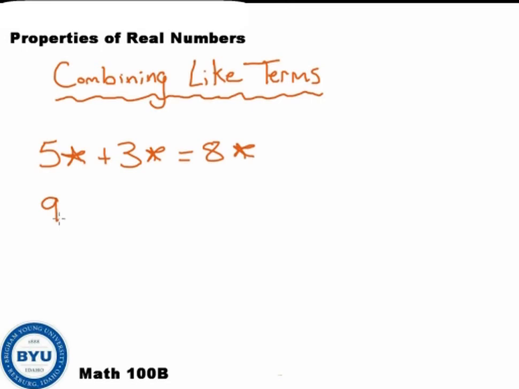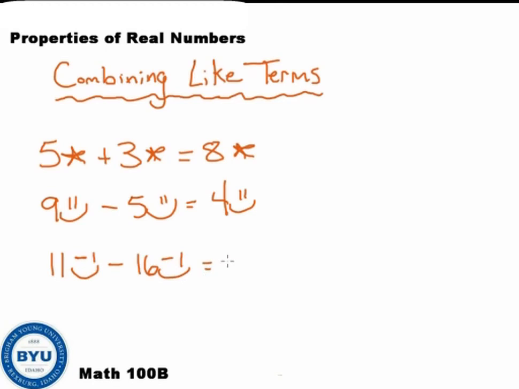If I had 9 smiley men minus 5 smiley men, you would tell me that we have 5 smiley men left. We can do 11 winky men, and I can subtract that from 16 winky men, and we get -5 winky men.